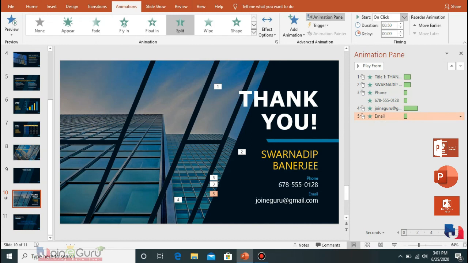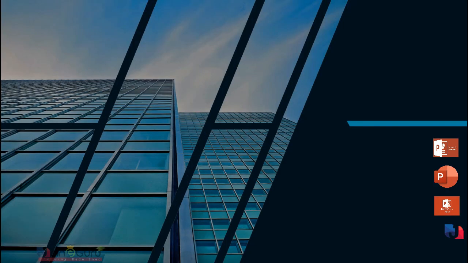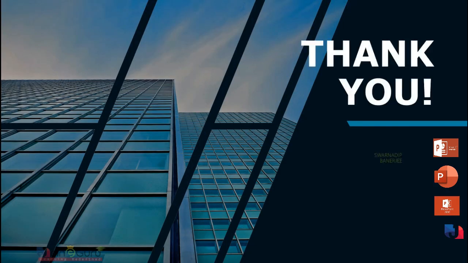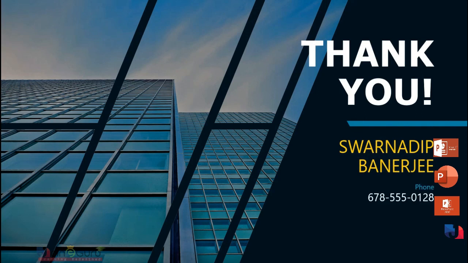I'm changing the timing of the animation I've added to the caption to play after the previous one, and I can delay its starting off for some seconds. But right now I don't need that. View the final result, hit enter, enter, enter, and enter.